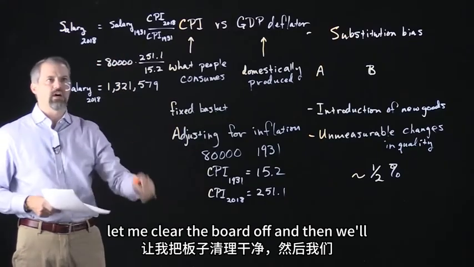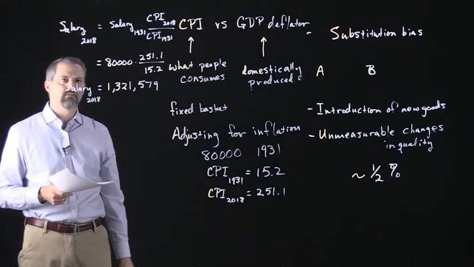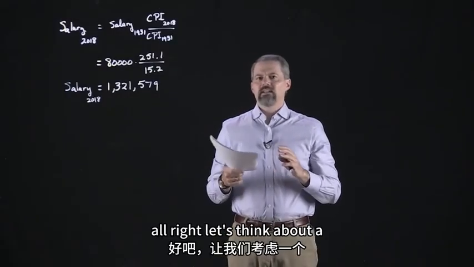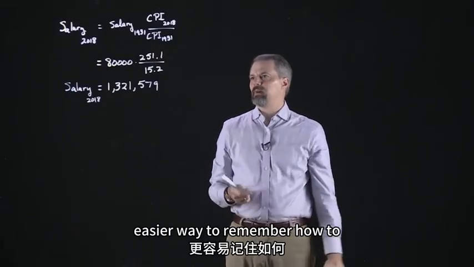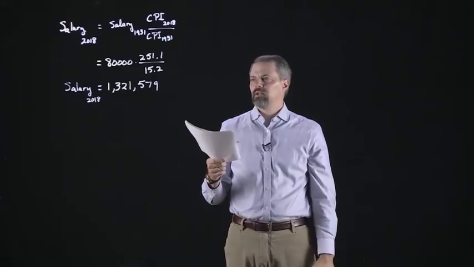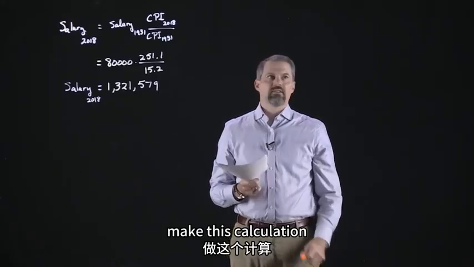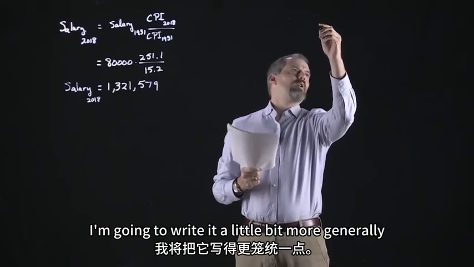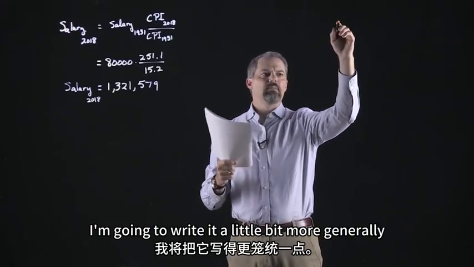Let me clear the board off and then we'll talk about an easy way to do that. All right, let's think about an easier way to remember how to make this calculation. So the way I have always remembered it, I'm going to write it a little bit more generally.